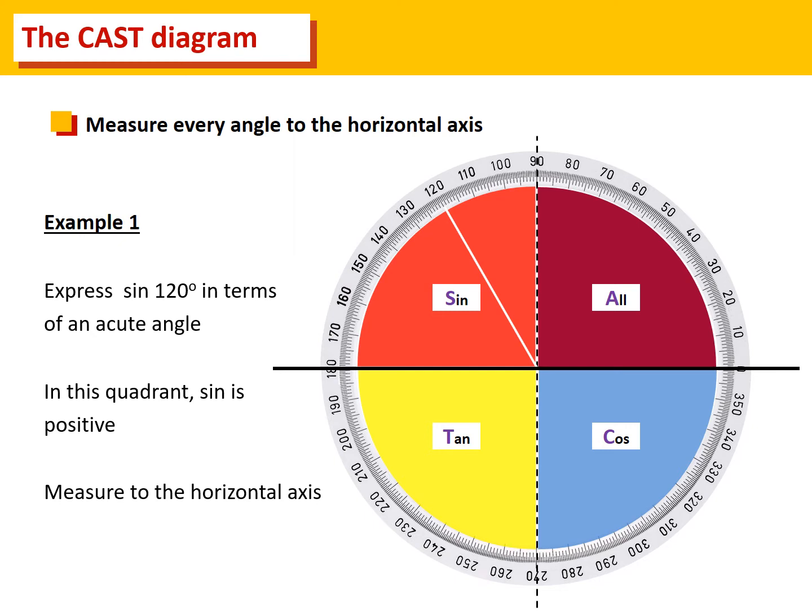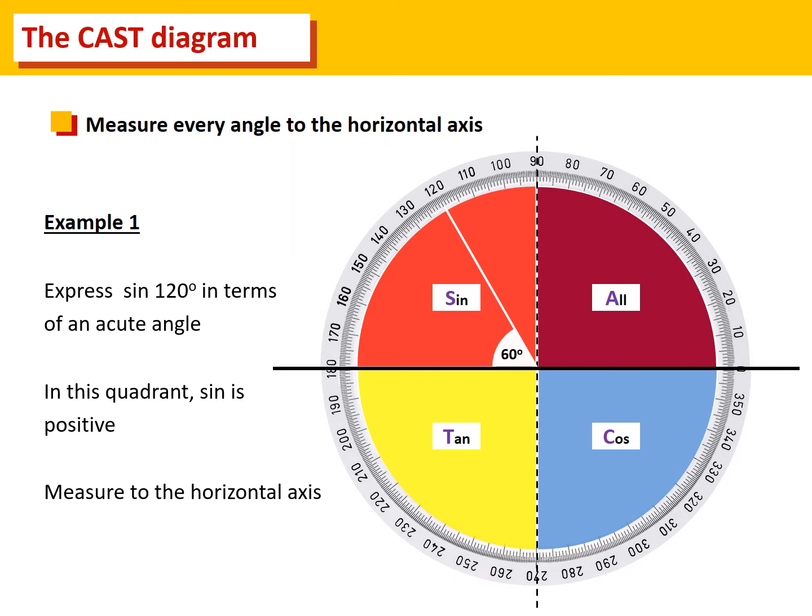In order to find the other angle that's equivalent in size to sine 120 degrees, you always measure to the horizontal axis. So it's that angle there, 60 degrees. So sine 120 degrees is equal in size to sine 60 degrees because that's the angle to the horizontal axis.